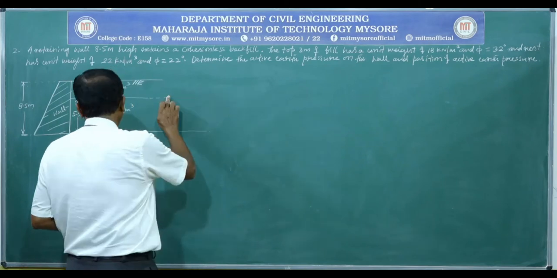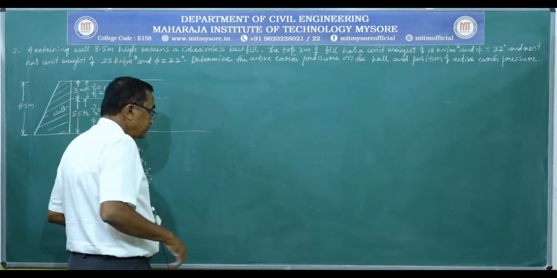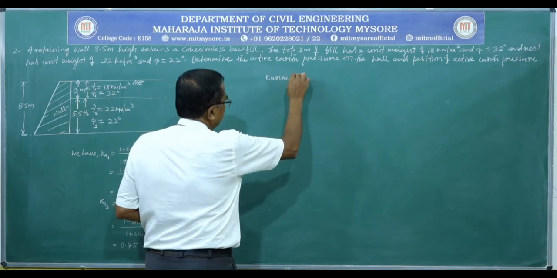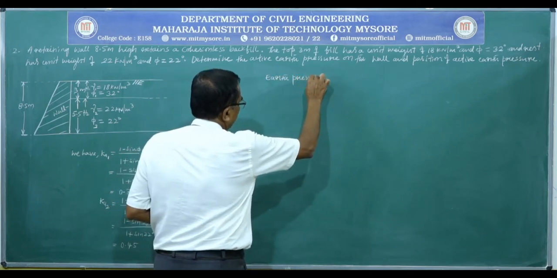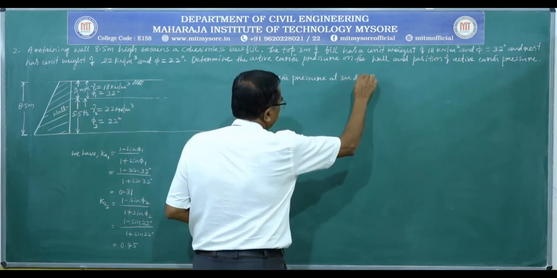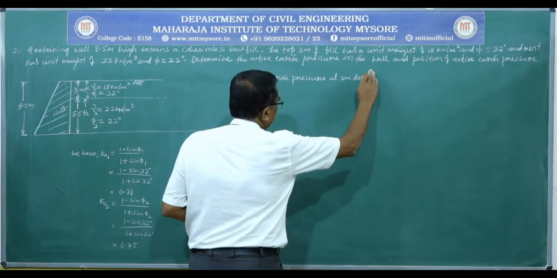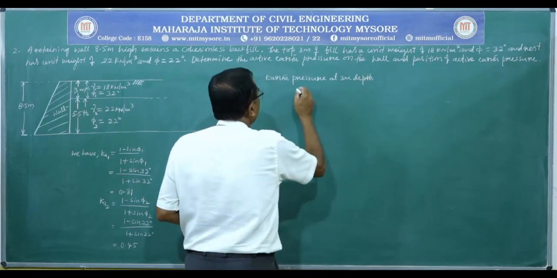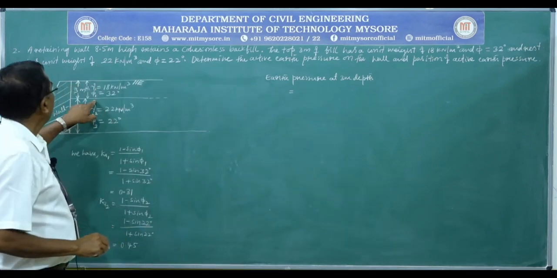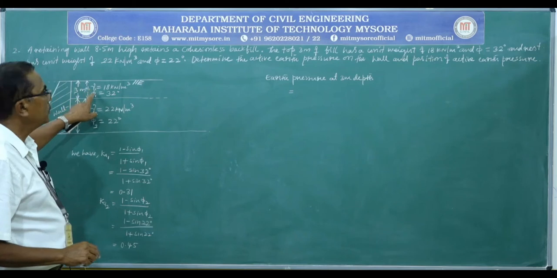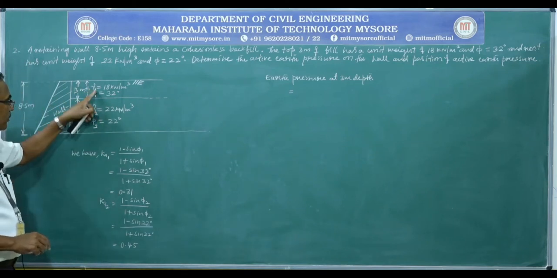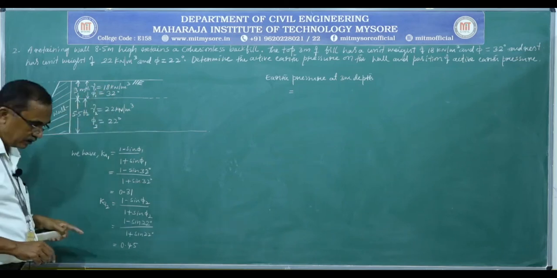Next, earth pressure at 3 meter depth is equal to Ka1 into gamma 1 into H1. Ka1 is 0.31, gamma 1 is 18 and H1 is 3 meter.